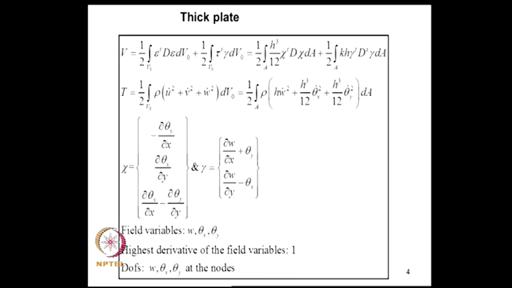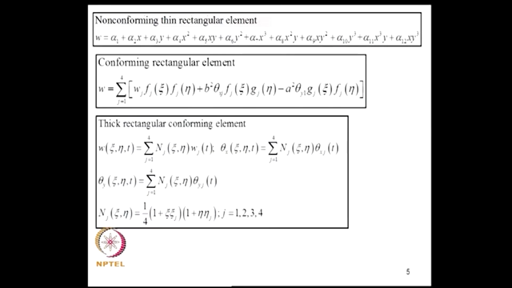These are theta x and theta y. The field variables therefore are w, theta x and theta y, and the highest derivative in the field variable is 1. Therefore, at every node we should have w, theta x and theta y as the degrees of freedom. So, this is the basis for formulating thick plate elements.